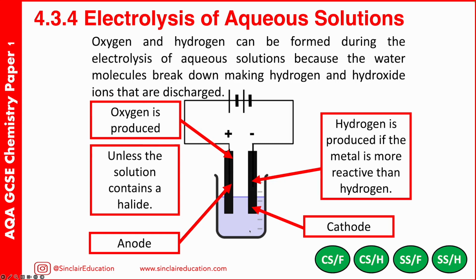So when we add water, we're adding hydrogen ions and hydroxide ions that could get involved with electrolysis itself. So oxygen will be made because hydroxide ions go over to this electrode and get discharged, unless there's a halide, in which case they'll go instead. But on this side, my hydrogen ions will go and be discharged, and they've come from the water itself.